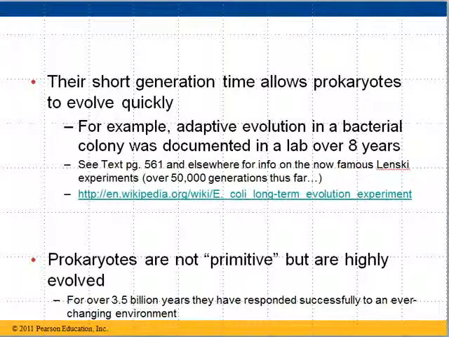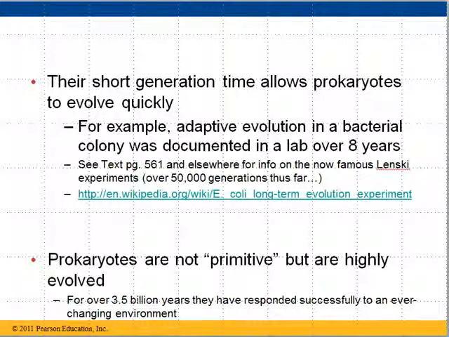If you look on page 561, and you can look on the internet for the various Lenski E. coli experiments, this guy has been studying E. coli, and his lab and his partners have been doing experiments for 8, 10, 12 years, and they've studied over 50,000 generations of E. coli bacteria, and they have seen evolution in action.